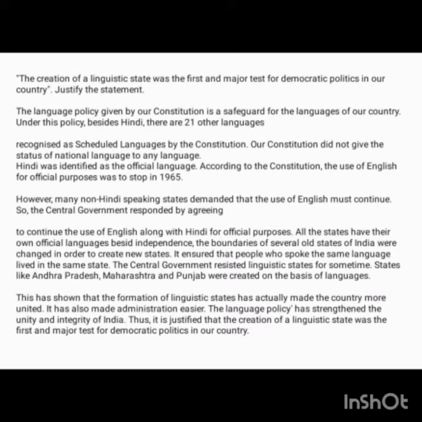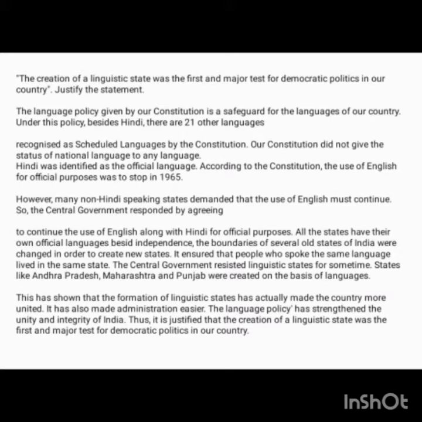Likewise Andhra Pradesh was formed, likewise Punjab, likewise Maharashtra. The central government resisted linguistic states for some time, but states like Andhra Pradesh, Maharashtra and Punjab were created on the basis of language.